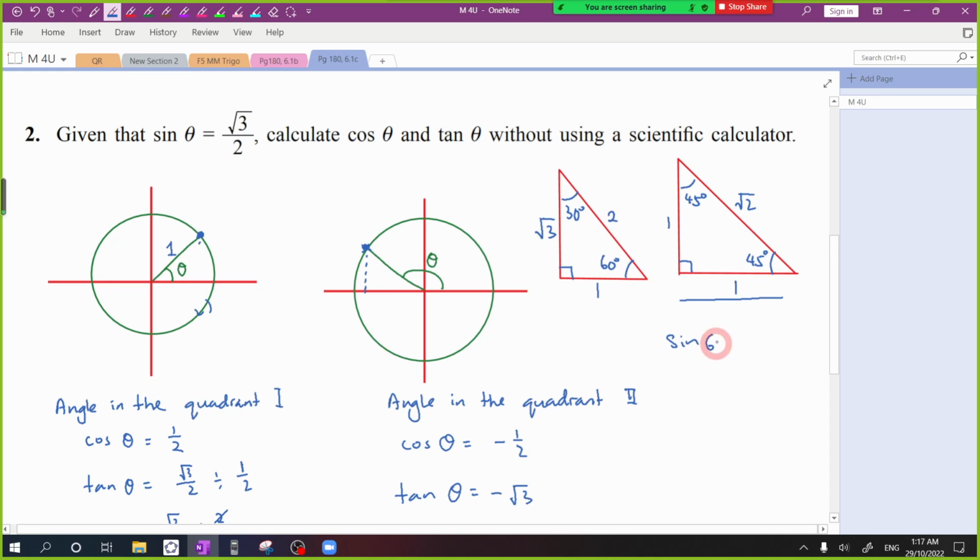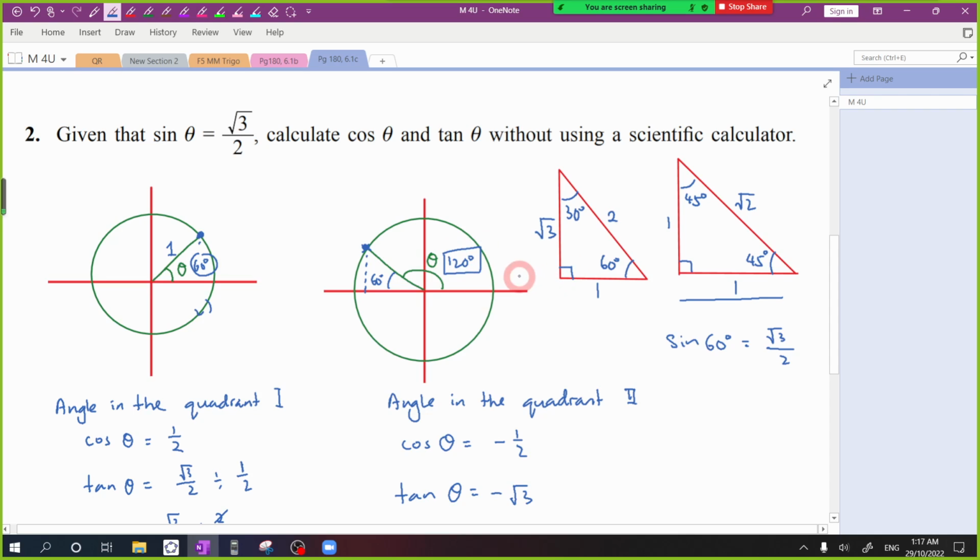Sine 60 degree is equal to square root 3 over 2. Now we know that this angle is actually 60 degree. And just now we learned about ASTC. It can be in the second quadrant also. So 60 degrees is over here, the reference angle. This angle will be 120 degree.